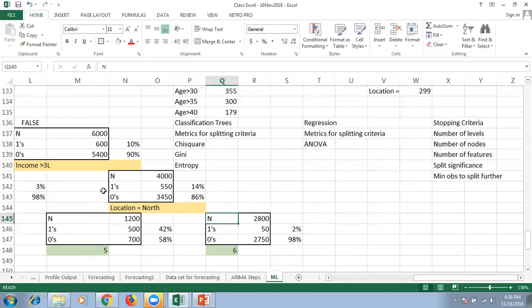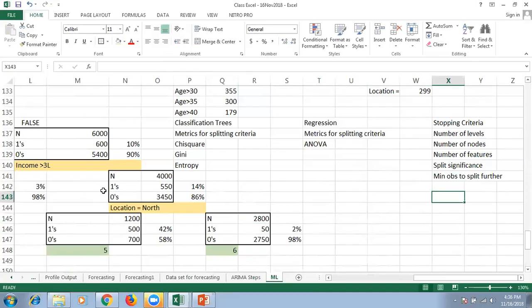You understand what I'm saying? If I keep 150 or 200 as the criteria, it will check whether the data in this node is less than or greater than 200. If it's greater than 200, then only it can be considered for whether a split can happen or not. So that is the minimum number of observations to split.